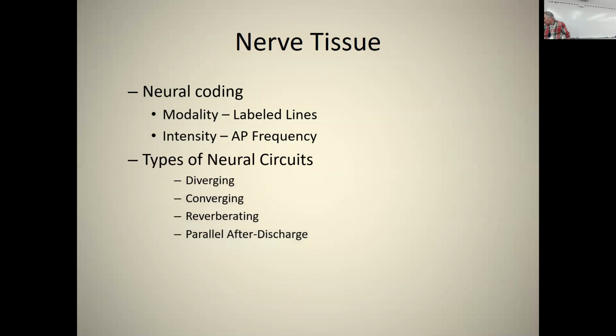Types of neuronal circuits. Okay, I'm going to be talking about these in the next lecture. I think we're going to end this one pretty soon and then show you pictures of these types of neural circuits called diverging, converging, reverberating, and parallel after-discharge. What they look like and what people think their functions are, what their roles are.